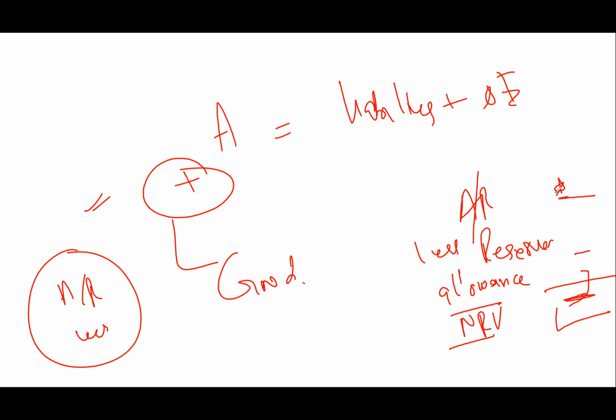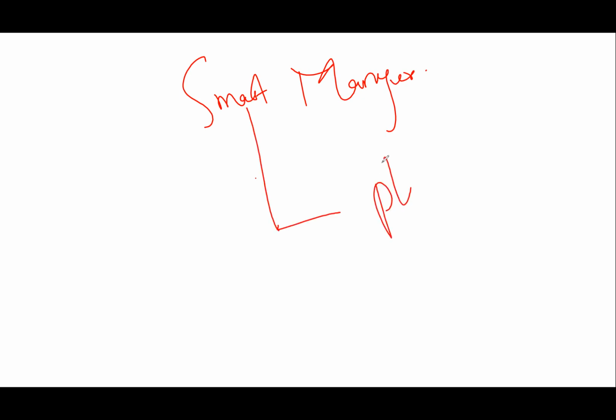So why are we showing our assets lower? That question must pop up in your mind. Why are we doing that? It's because if you are a smart manager, then one of your duties is to plan as well. So planning involves forecasting, right?